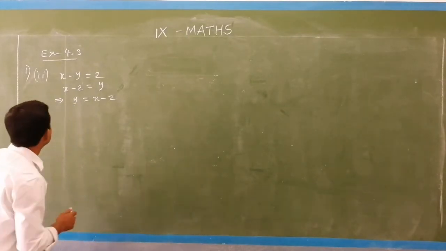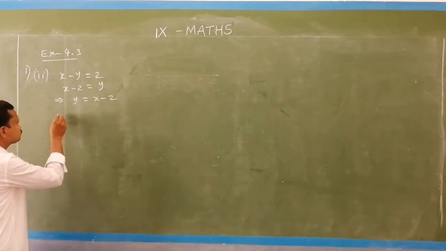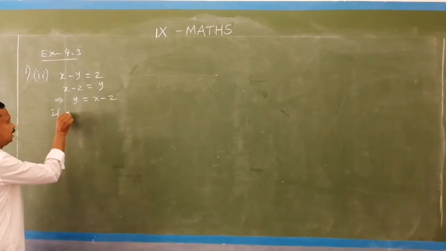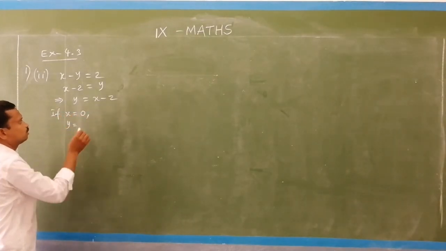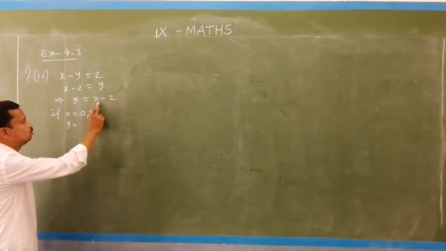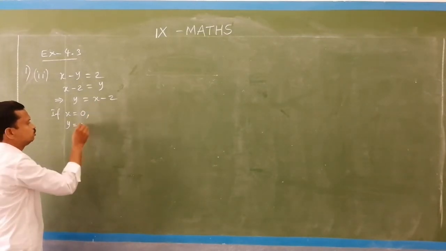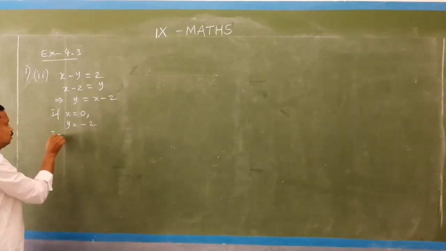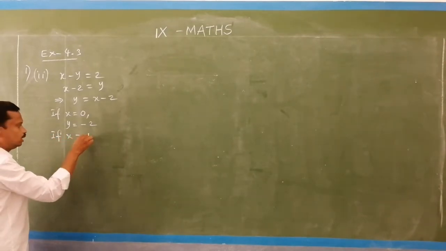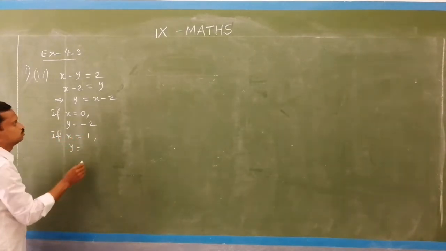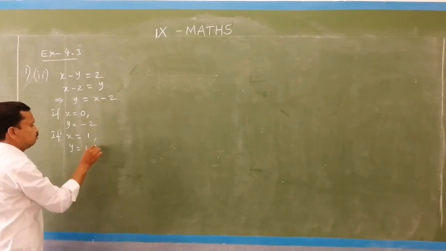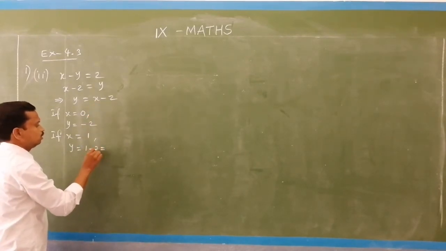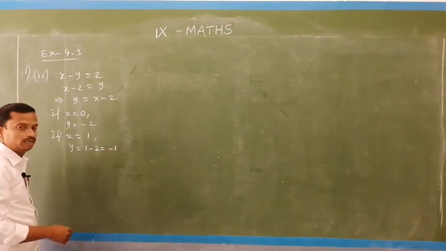Okay. So, if x equal to 0, what happens to y? If x is 0, then here 0 minus 2 becomes minus 2. If x equal to 1, what happens to y? 1 minus 2 equal to minus 1.